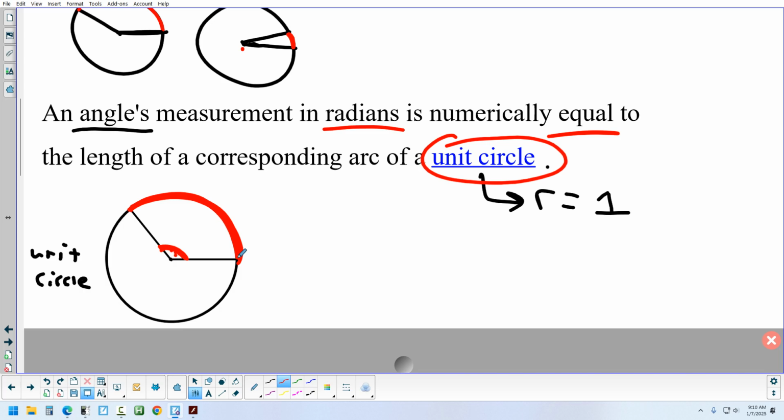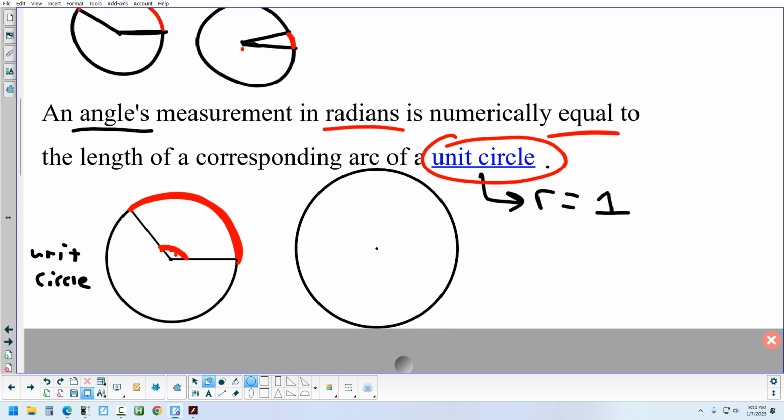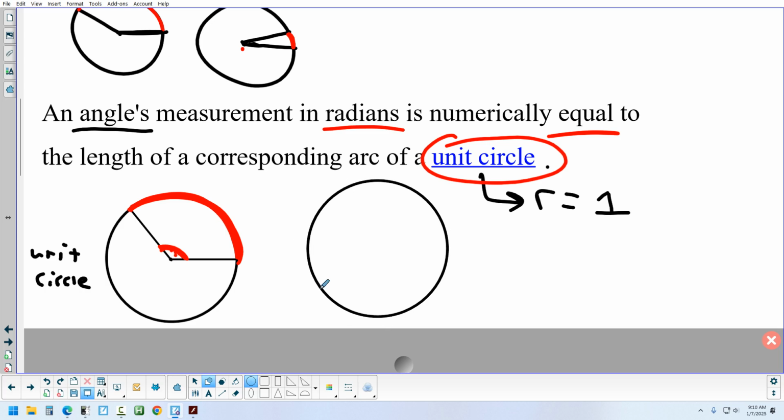So we can use that to figure out how many radians are in one full revolution. Let's draw another circle. Again, let's pretend that that's a unit circle. I didn't measure it exactly, but let's say that's my unit circle. And let's say that I drew an angle like that. That would be the initial side, and that would be the terminal side.